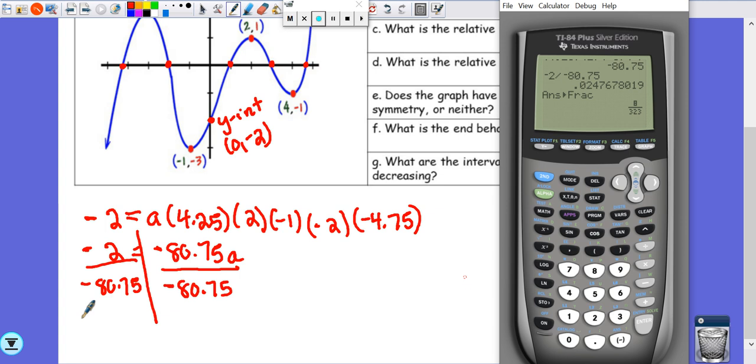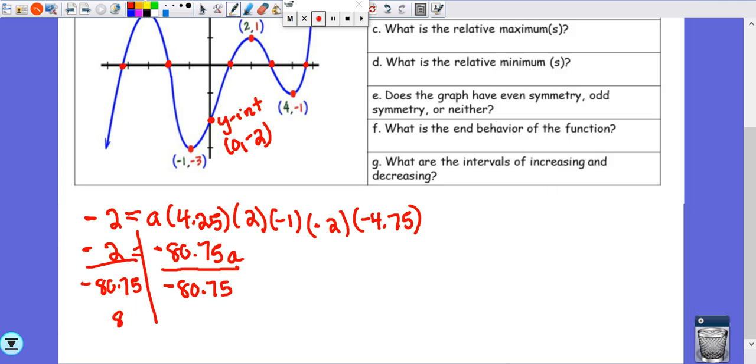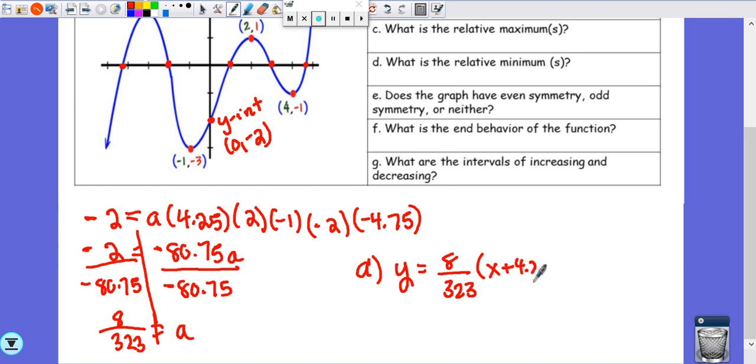I don't like decimals. So I get 8 over 323 equals A. So the answer to part A of this question is y equals the A value, which is 8 over 323 times x plus 4.25, x plus 2, x minus 1, x minus 2 and x minus 4.75. All right, that's the equation to part A.